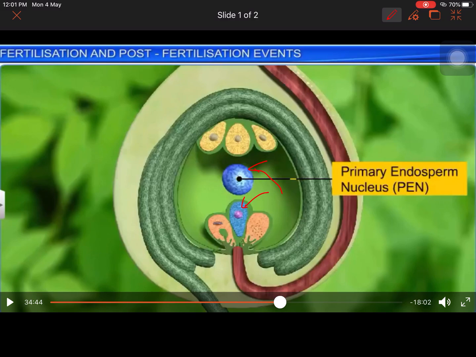In the center there are two nuclei, and they fuse, and that is why it is called triple fusion. And one male gamete fuses with the egg, that is called syngamy. So here, the syngamy and this triple fusion, because three nuclei are being fused, triple fusion.